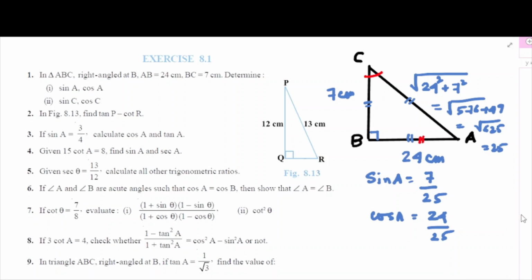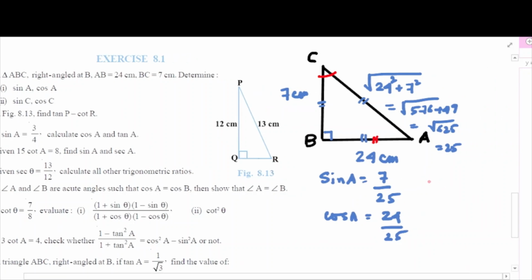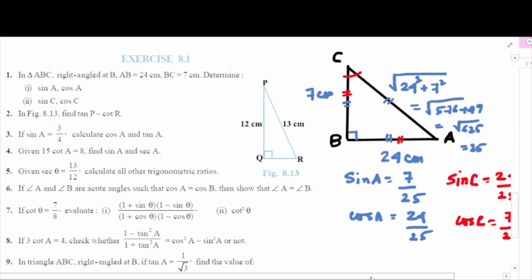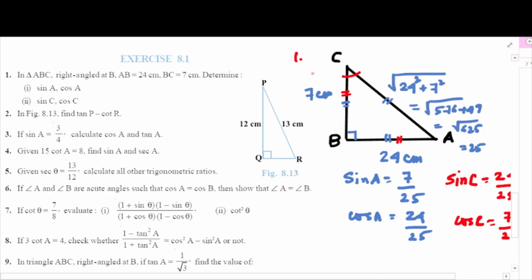So if we want to find out the value of sine C, it will become 24 by 25. Cos C, for this angle base is this one, BC is the base, so cos C it will become 7 by 25. Okay, this was question number 1.